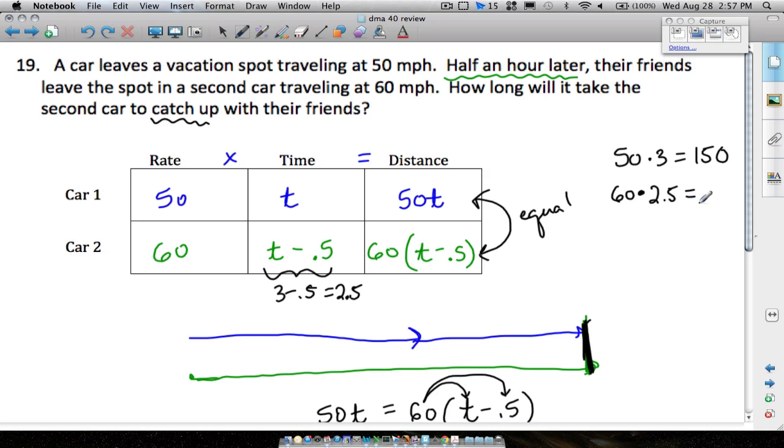And if you do 60 times 2.5, that's also equal to 150. That's going back to us setting these two distances equal to each other. Even though they traveled for different amounts of time, they both went the same distance because that second car is catching up to the first car. And the reason why it caught up is because it is going faster.